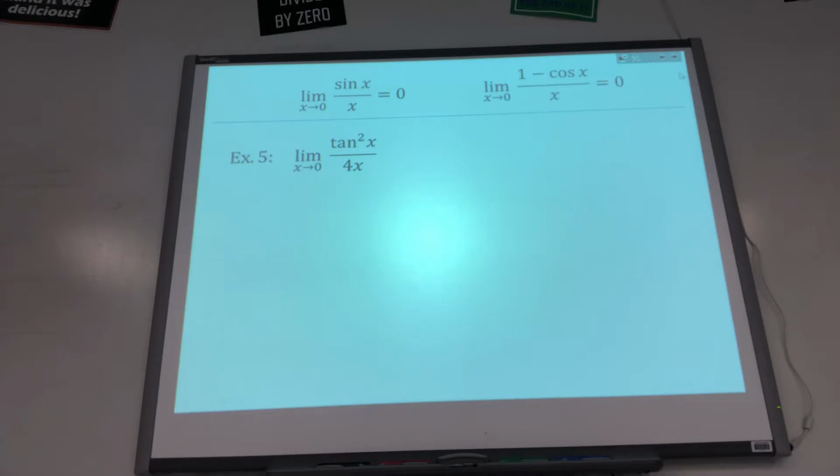So this is number 5. Number 5, the limit as x approaches 0 of tangent squared of x all over 4x.